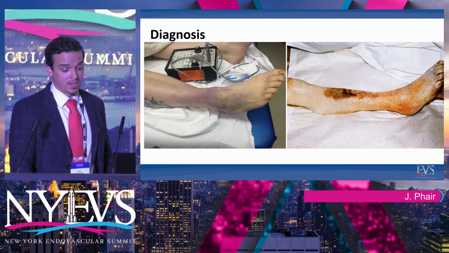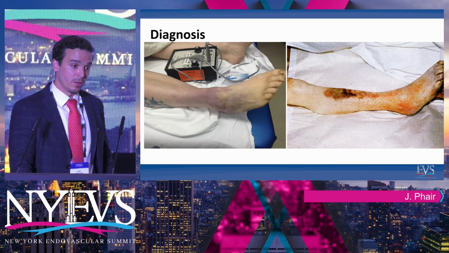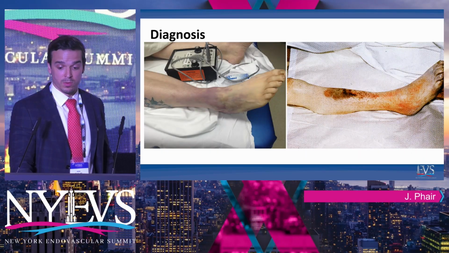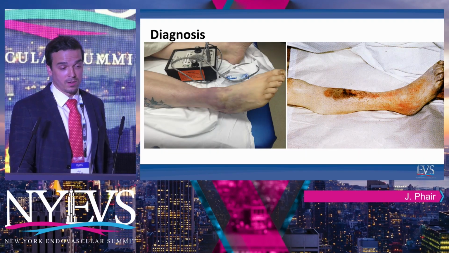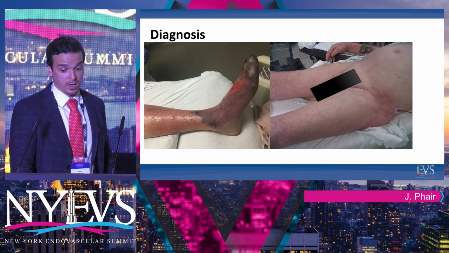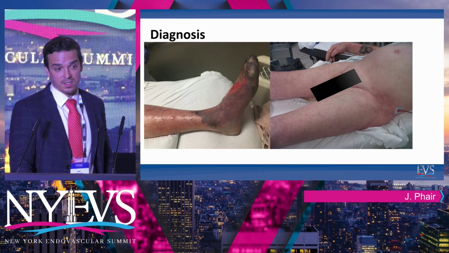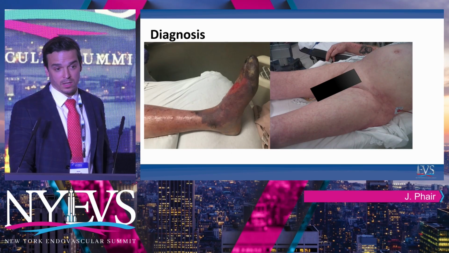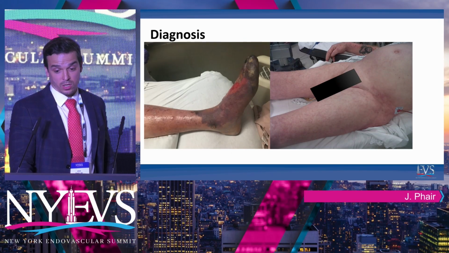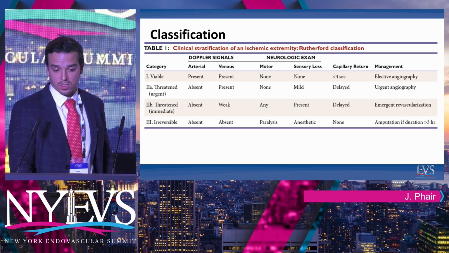We don't have a signal on Doppler, and in patients with critical limb ischemia, in addition to acute limb ischemia, we can have the beginnings of ulcer formation, non-healing wounds, and dry gangrene. Even venous disease in a certain capacity, with phlegmasia, can cause an acute limb ischemia, which we won't really discuss in this talk.